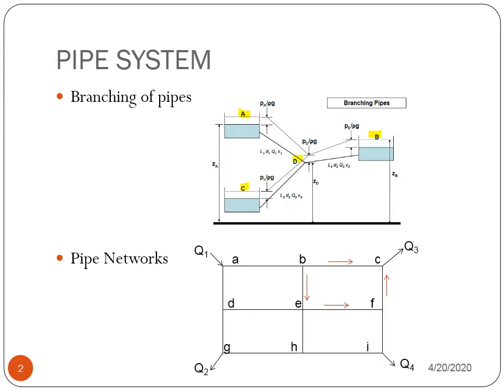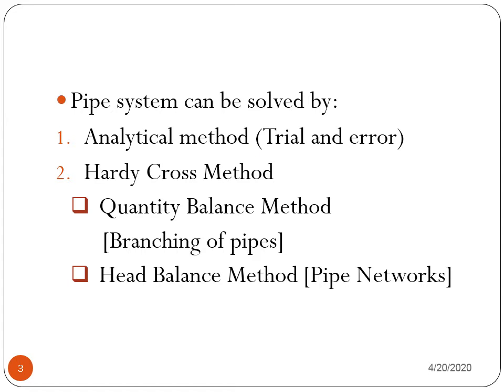And the second case is pipe networks. Pipe networks is a new subtopic for degree. A pipe system can be solved by two methods: analytical method or Hardy-Cross method.